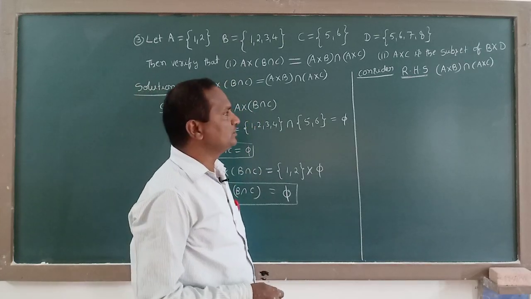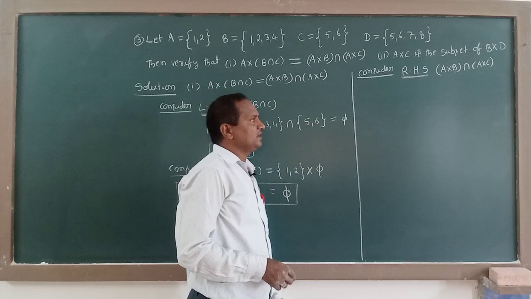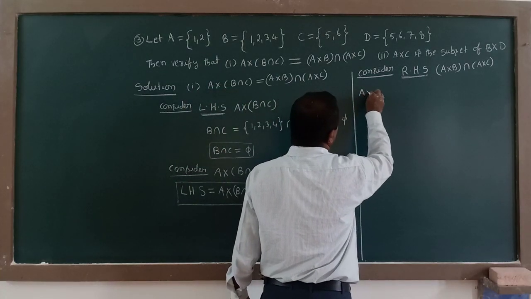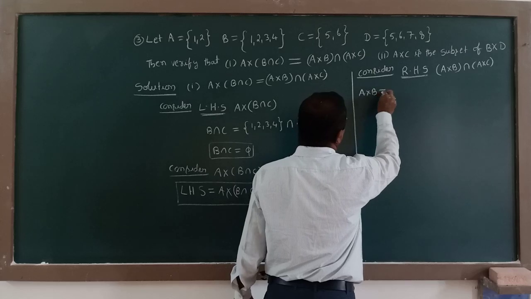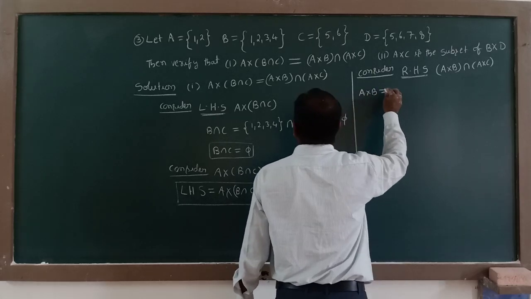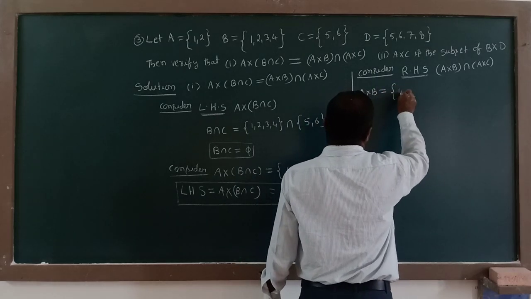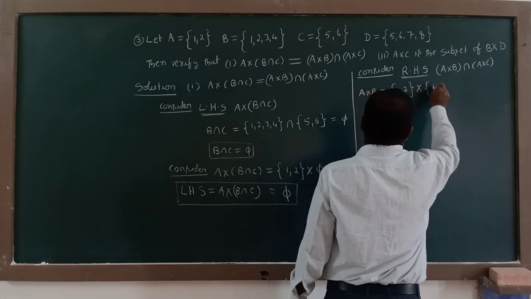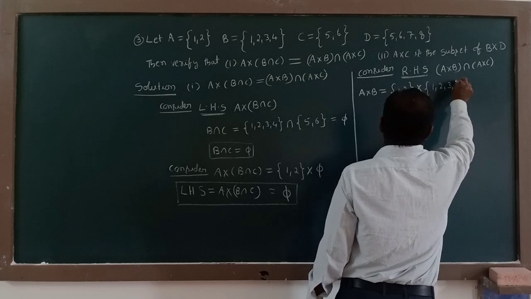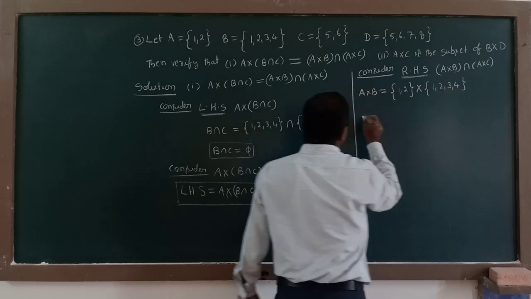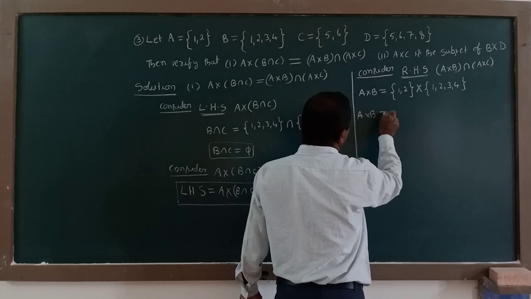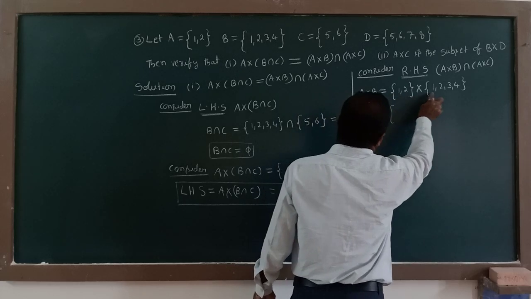Now we are going to find the elements for the set A cross B. A elements are 1, 2. Cross B elements are 1, 2, 3, 4. So A cross B is equal to 1, 1.